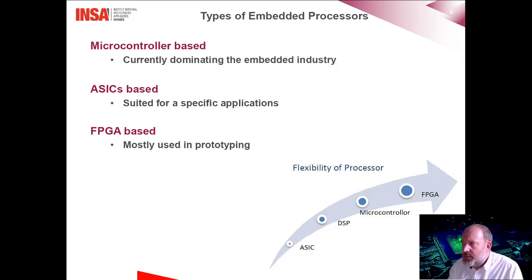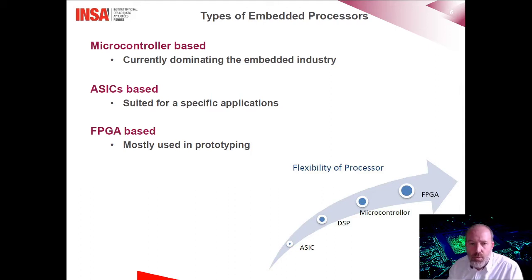In this course, we will focus on different types of embedded processors. The first family is based on what are called microcontrollers. And it's this type of processor that commonly dominates the embedded industry today. The second type of family is based on circuits called ASICs, for application-specific integrated circuits.